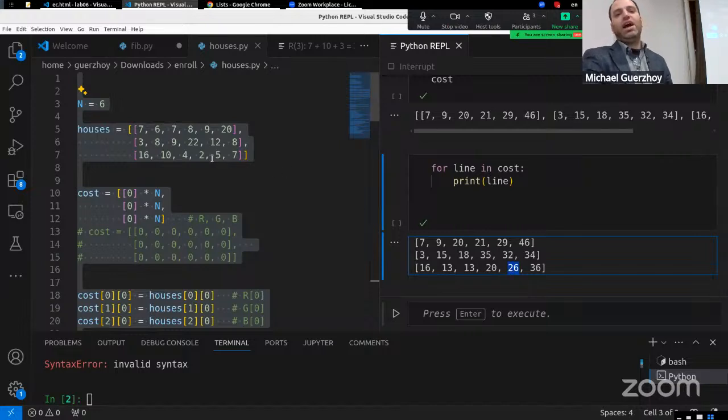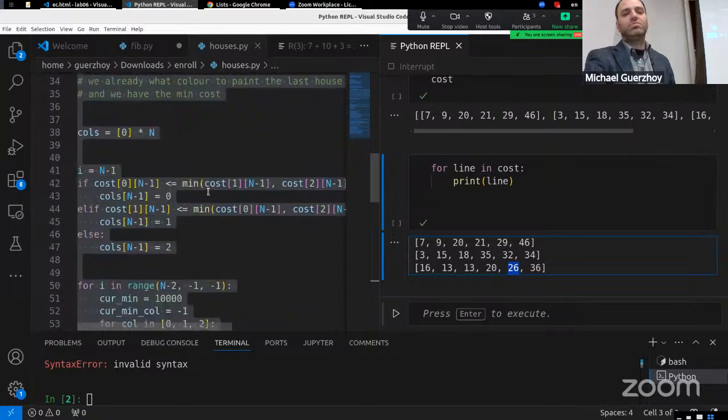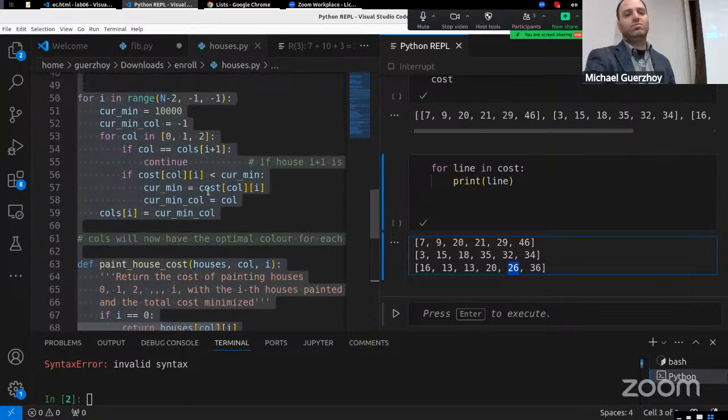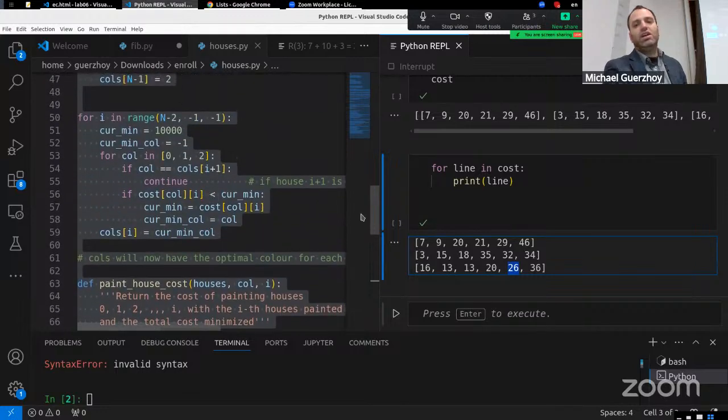Like if you look at the costs here, the 34 you get by 26, the total cost up to this guy, plus 8, right? So what I'm doing in this piece of code essentially, this one, is I'm saying go through this guy and this guy and this guy.